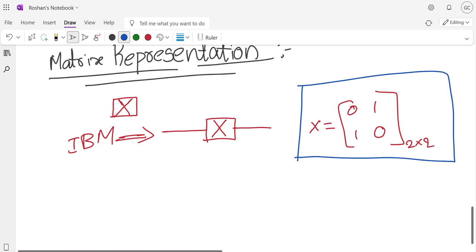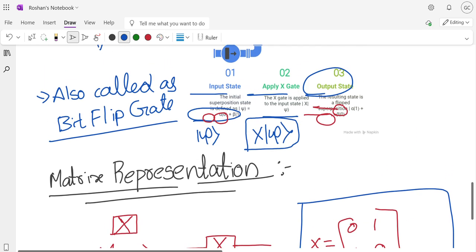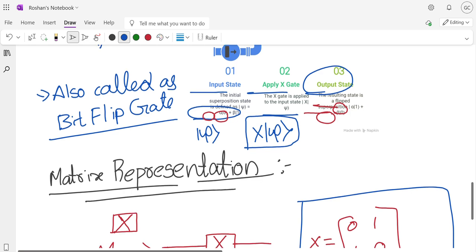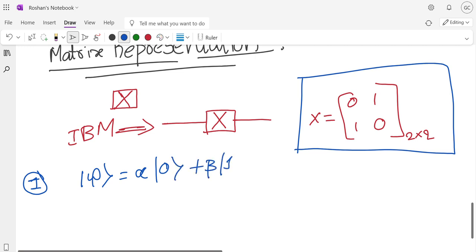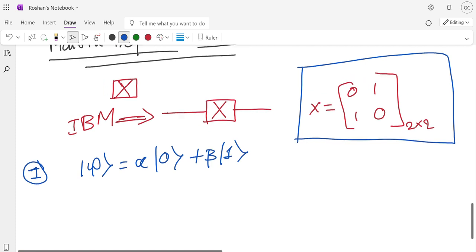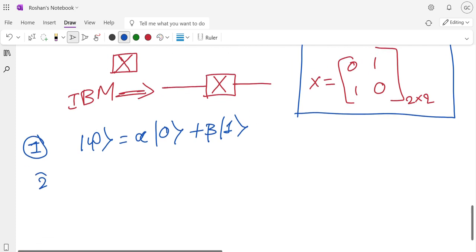So we'll work on a small basic example here. Here, the initial state is a superposition state. So we'll take the same example. Psi. This is our first step. Psi equals alpha|0> plus beta|1>. Okay. Now, what is the second step?